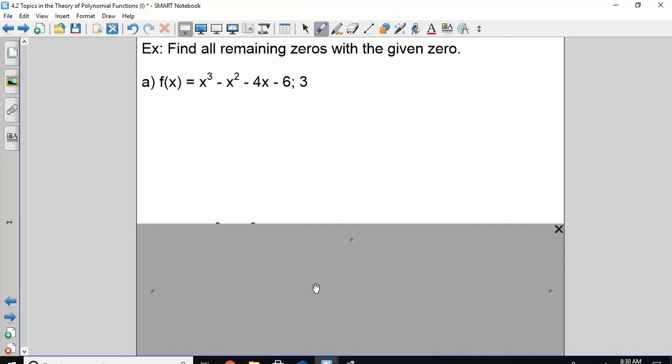Okay, but I'm starting out the same way. I've given you the first 0. So where do we use that? Synthetic division. Since I gave you the 0, that's the number you use, so I put a 3. My coefficients are 1, -1, -4, and -6.